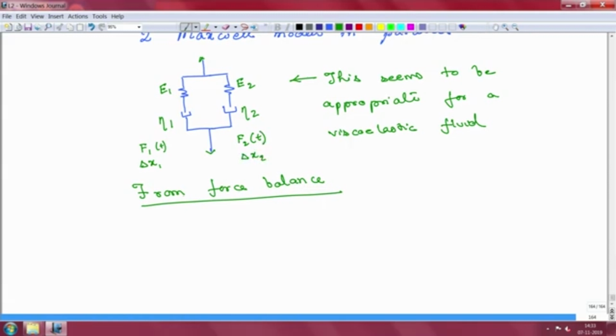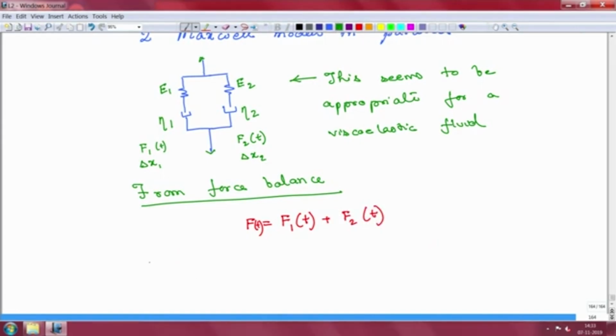There is no more need to label these subscripts in any more complicated way, because they are both Maxwell's model. So, I am just using the labels X1 and X2. So, the total force here is obviously just like the previous case, going to be a sum of the two forces.